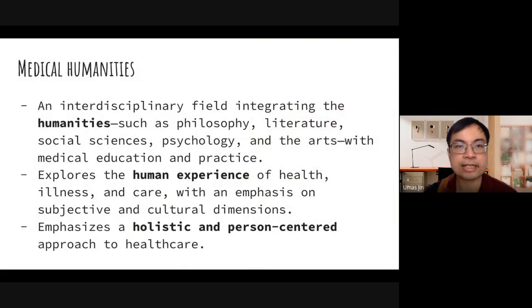Okay, so let's get into medical humanities. Medical humanities is a growing, interdisciplinary field integrating humanities subjects such as literature, philosophy, psychology, and art with medical education and practice. It explores the human experience of health, illness, and care, with an emphasis on the subjective and cultural dimensions.